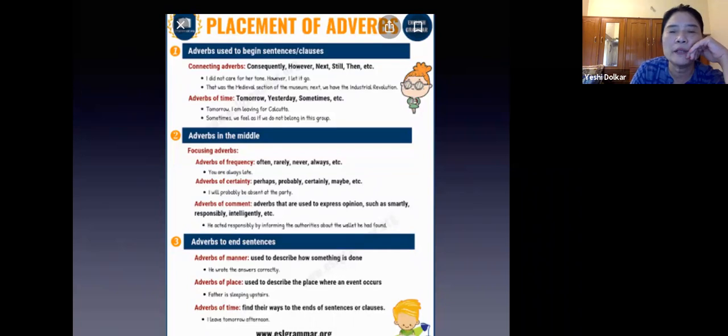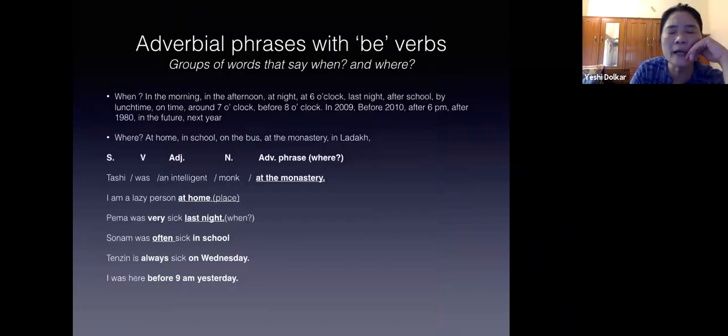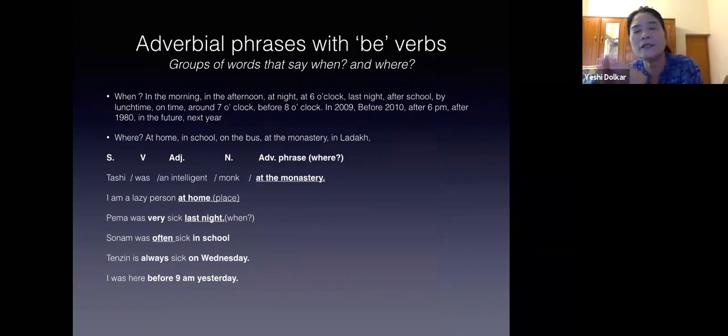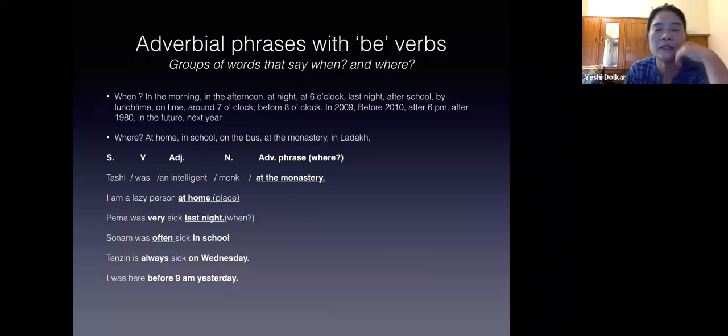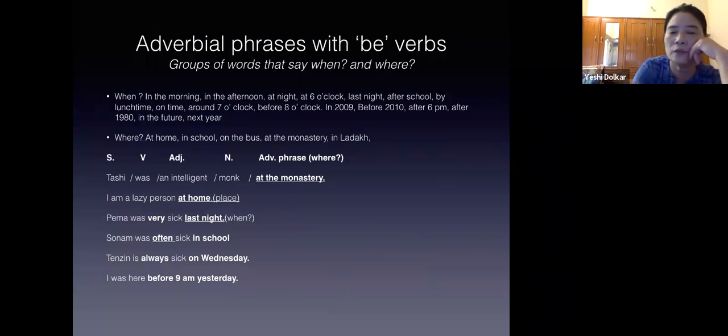So it's like tomorrow, yesterday, they were one word. But then many times you have groups of words that show place and time.